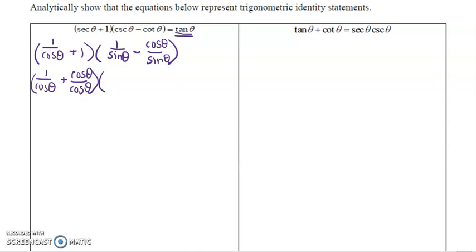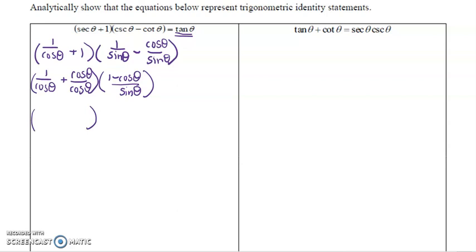In our next parenthesis set, I notice I'm subtracting two fractions and their denominators already match, which is great. So I'll subtract the tops and keep the bottom. All right, we're going to do the same thing for this first parenthesis.